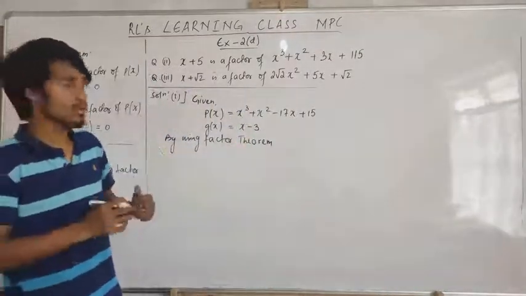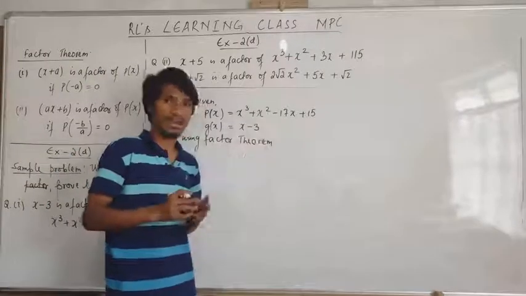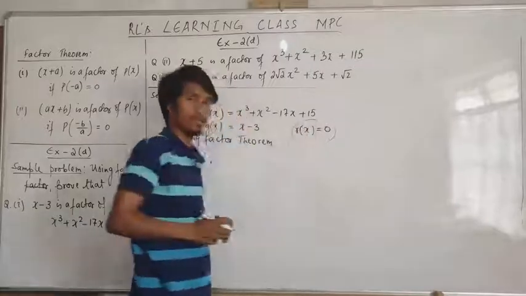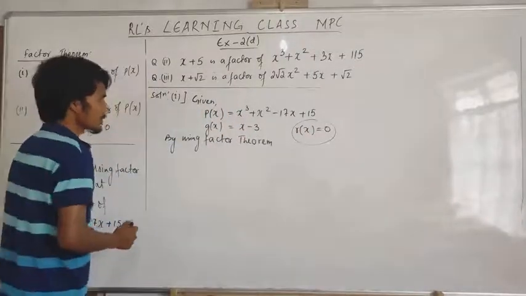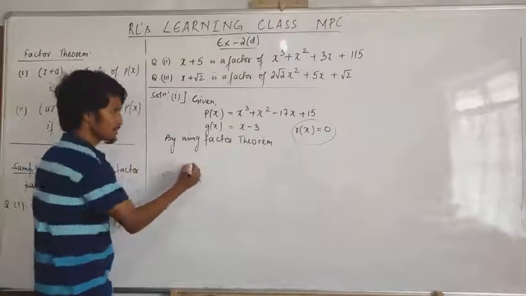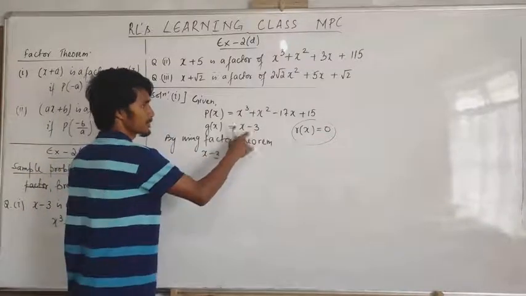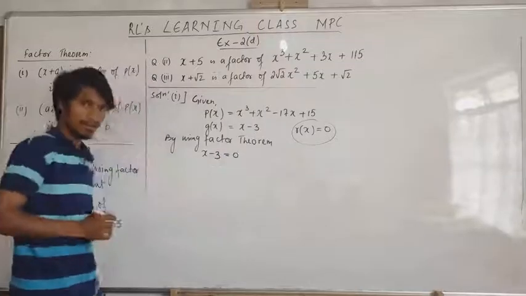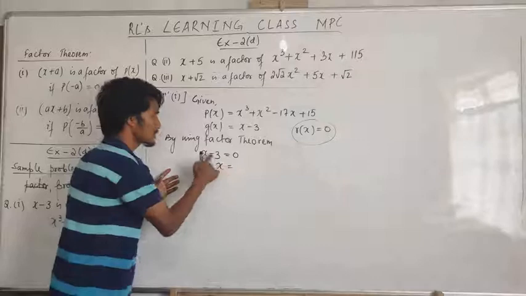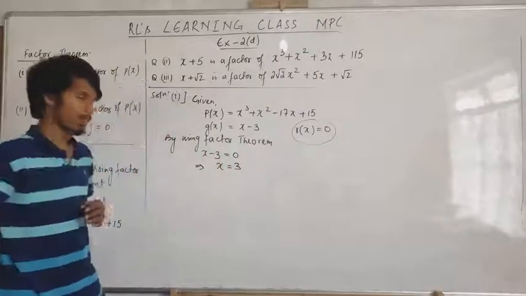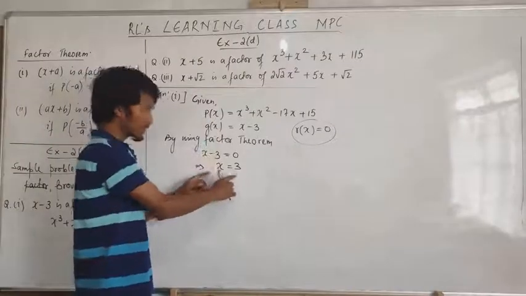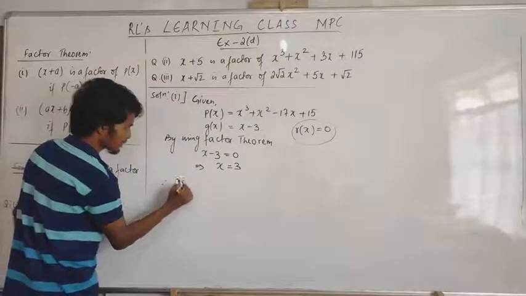To know that, we have to get the remainder equal to 0. Then from the remainder theorem, this x minus 3 should be equal to 0. Then we get x is equal to, now this minus I change to plus, so x is 3. Therefore the remainder.